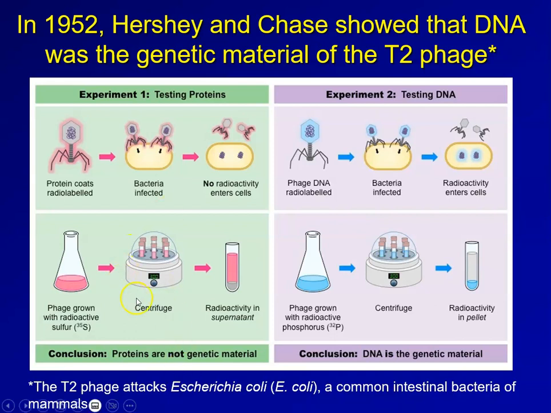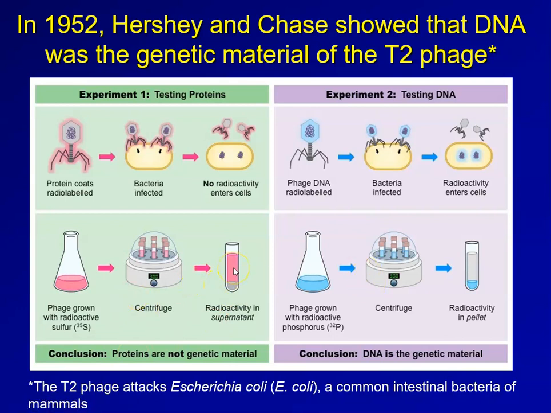And then they ran a centrifuge to separate out the layers. In this tube, at the top would be the viral particles, because they're going to be smaller and lighter than the bacteria. The bacteria would be at the bottom in what's called the pellet.